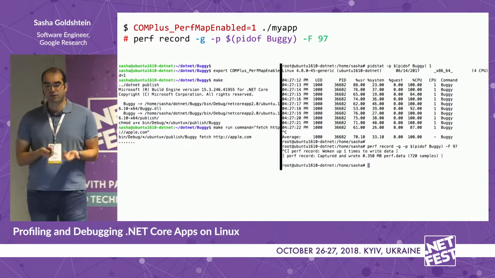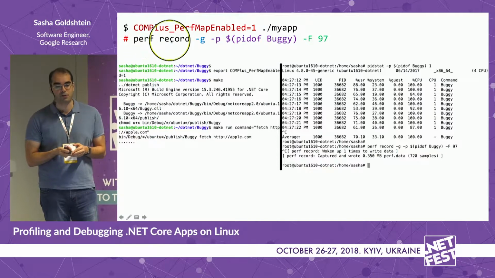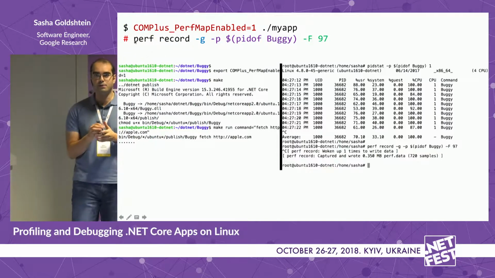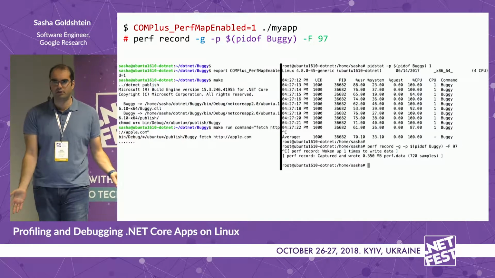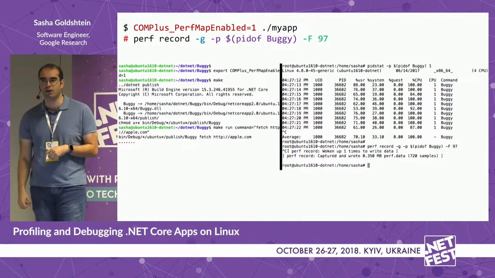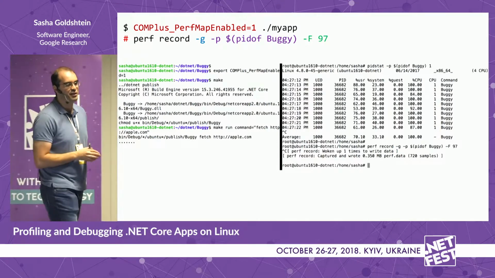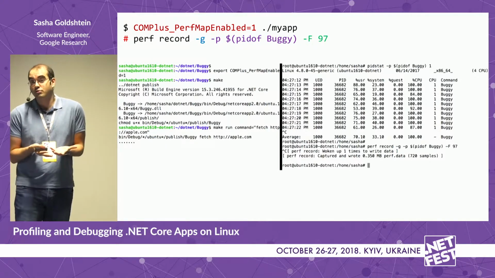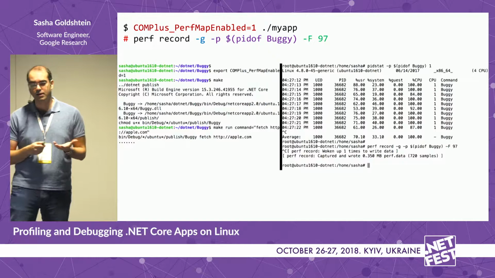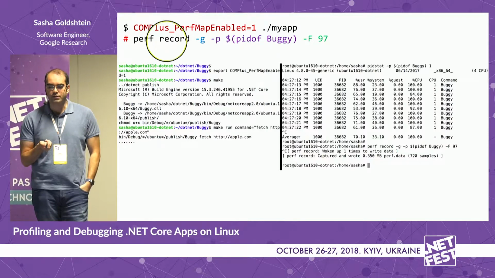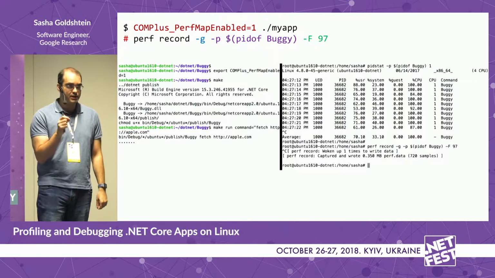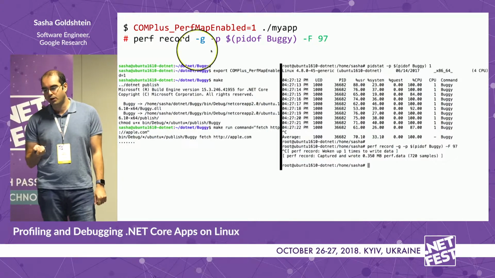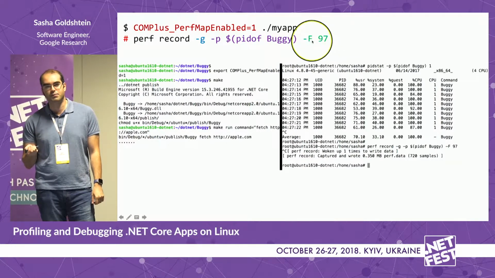And then the second command is just a standard perf invocation. This is where you come back to Linux and you say, how do you profile on Linux? This is the command you need to run. You'll find it on every tutorial online. And now it actually would work for a .NET application. So what perf record does is it takes a snapshot of what your process is doing at a frequency of 97 times per second.